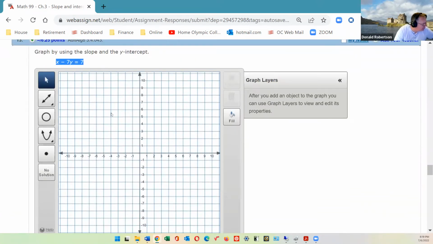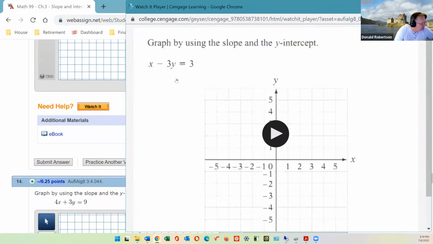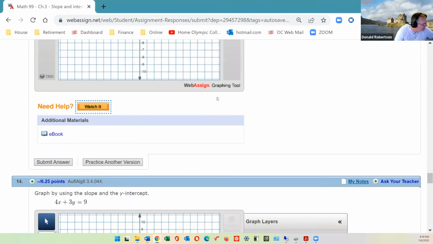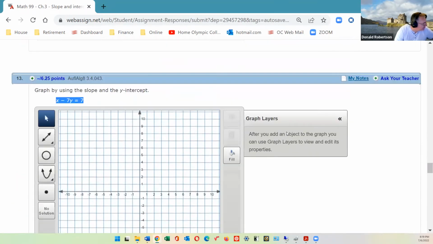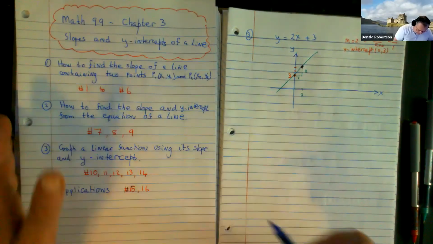But if you click on this, there's a video that you can watch, which will show you how they approach it. And they don't always do it the same way as me, and that's fine. In fact, it's a good idea to see other ways to do it, because maybe the way they explain it makes more sense or is easier for you to understand, in which case, use their method.